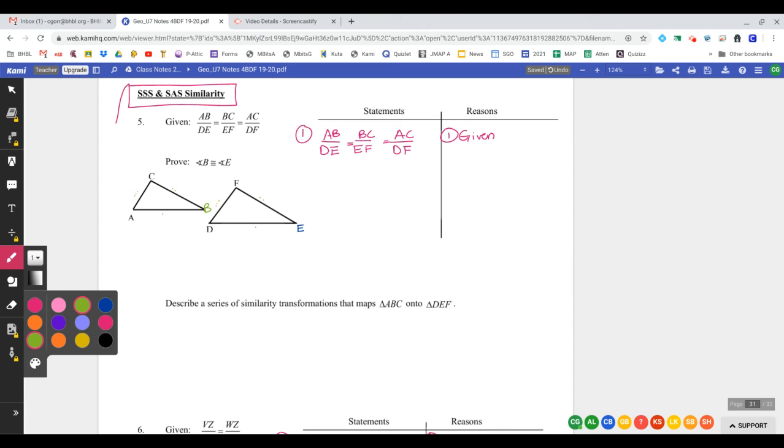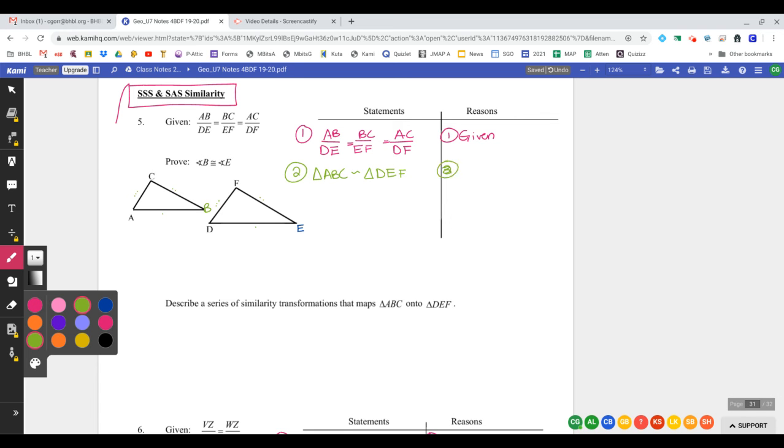Now my dots here are just showing what's corresponding, because we don't necessarily know that they are congruent, we know that they're in proportion. Now, since all 3 sides are in proportion, that's the other half of my similarity theorem. I now know that triangle ABC is similar to triangle DEF.